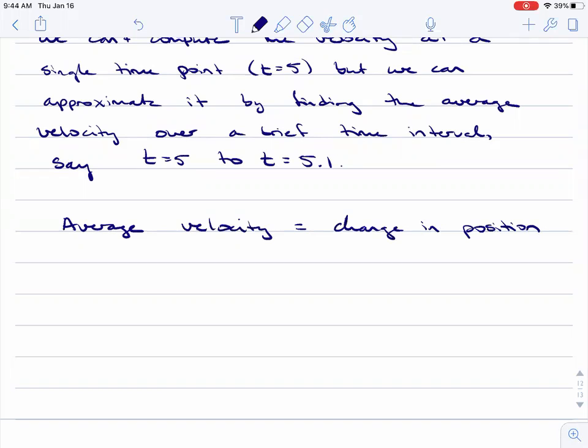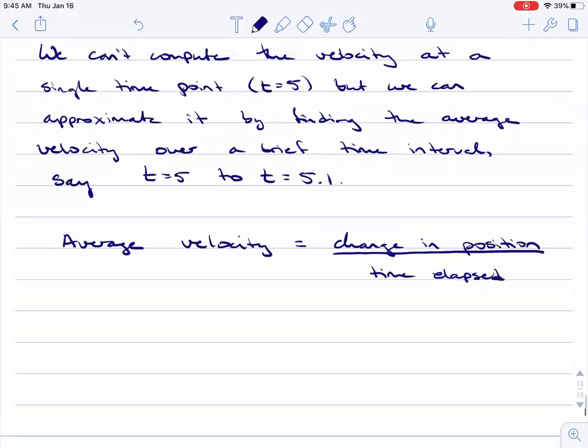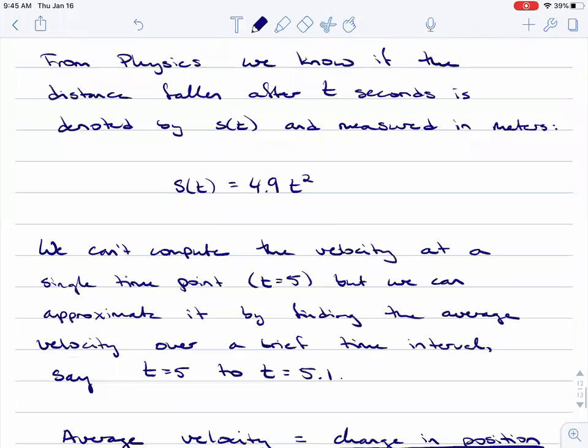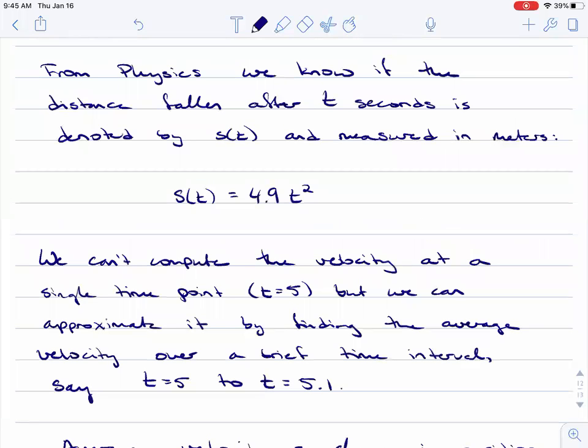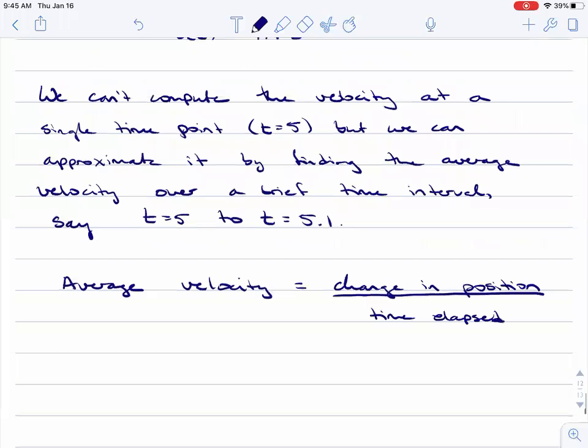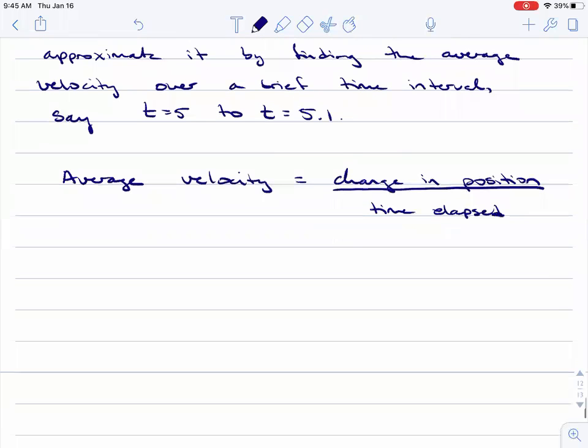And so it's the change in the position divided by the change in time, or time elapsed, if we want to get fancy. If our function s of t is the distance, right, then that's the position. And so the change in position in our case would be s at 5.1 minus s at 5.